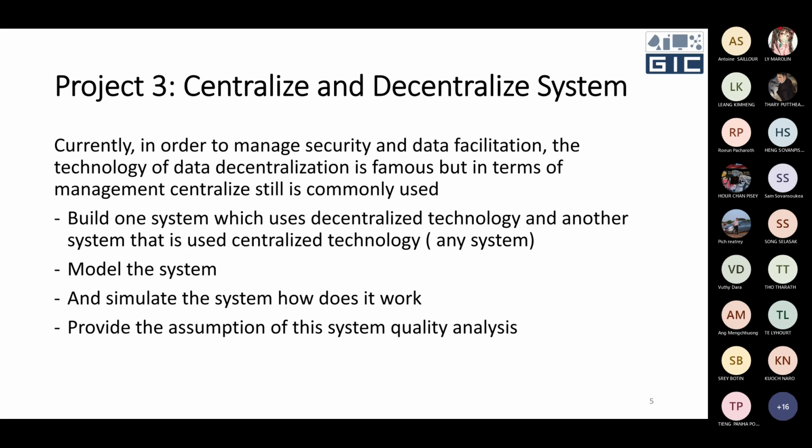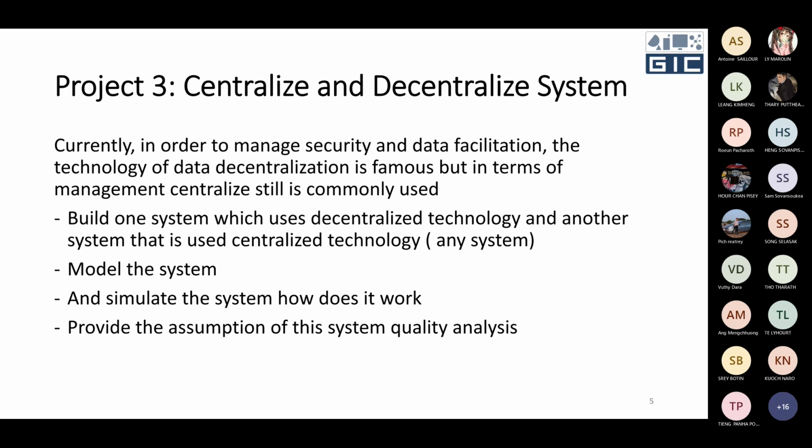If you build two different systems, you have to model each system, simulate how it works, and provide an assumption for system qualification analysis. For example, I use a cryptography system as the centralized one, just as an example. So how can I analyze that my system is good enough? This is the third project.